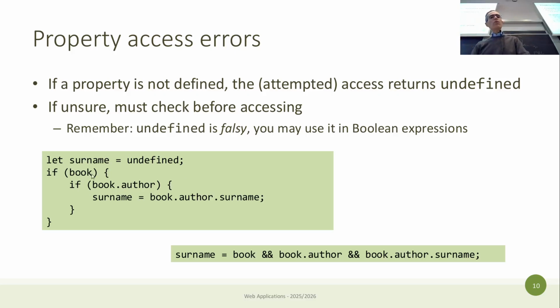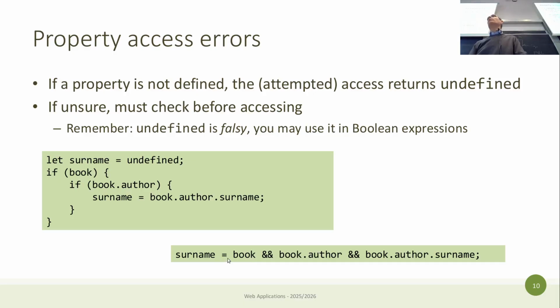Since it's so common to have these situations, there is even a shorter version of this way of testing the content of variables with the double AND. You remember we saw the double vertical bars, that is the logical OR, and the logical AND here means: evaluate the right expression only if the left expression is true.